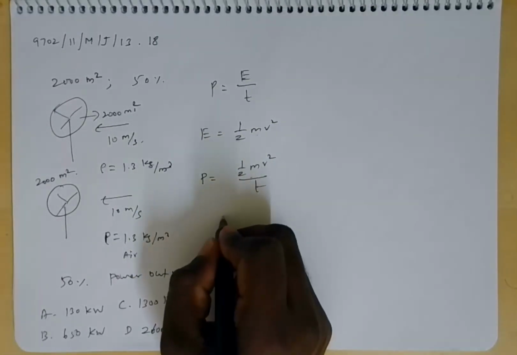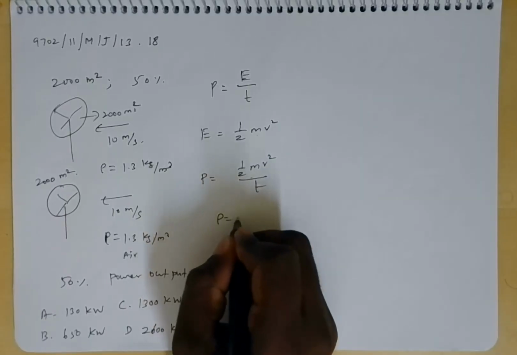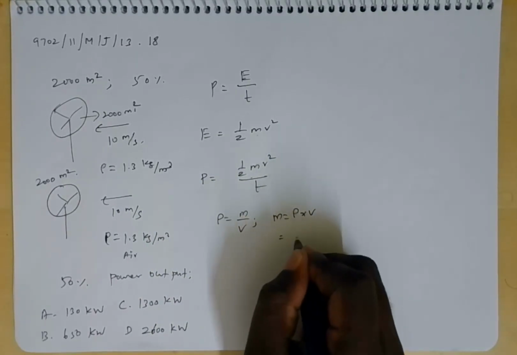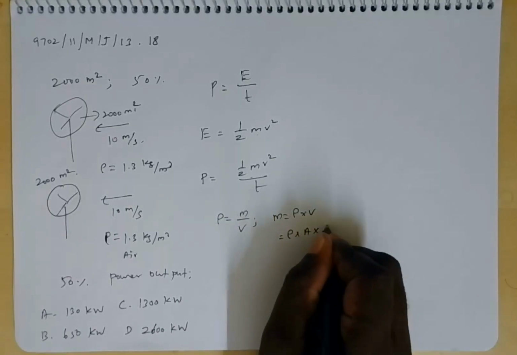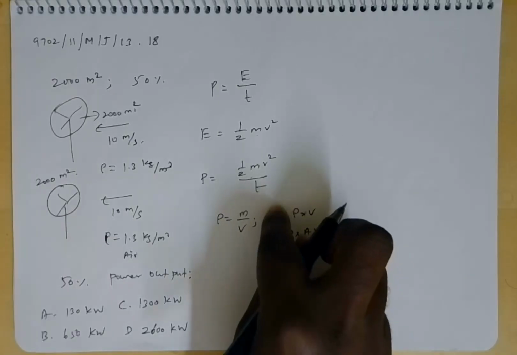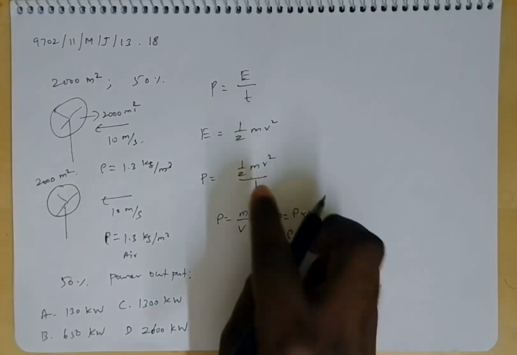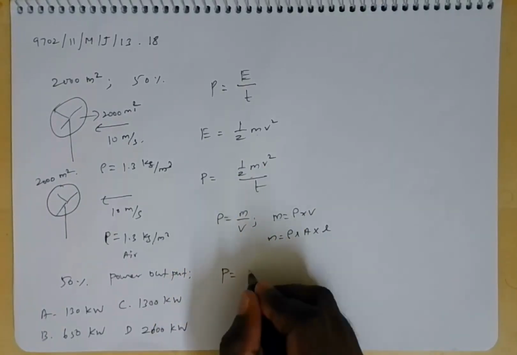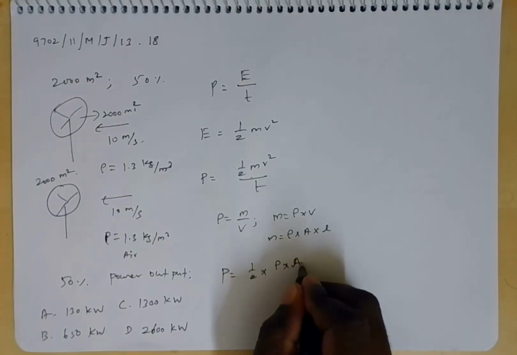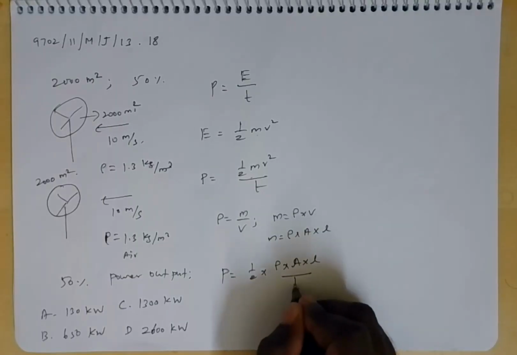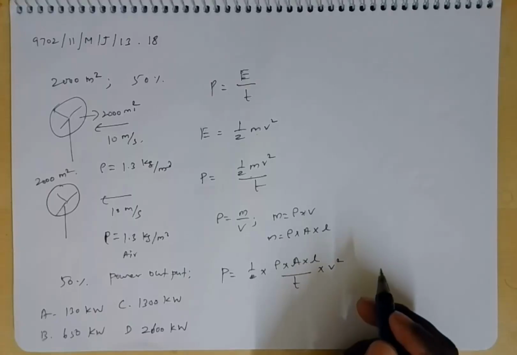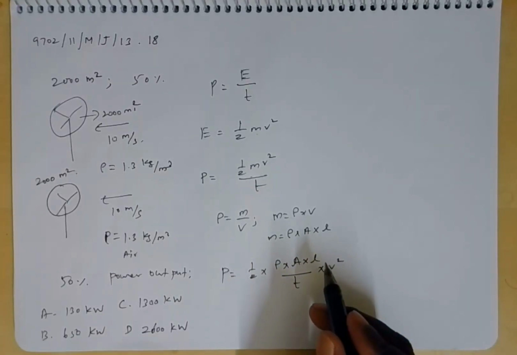Now instead of m, we know that density is mass by volume, so mass is density into volume, so density into area into length. Instead of mass, write this. So power is half into density into area into length divided by time into velocity square. What is length by time?